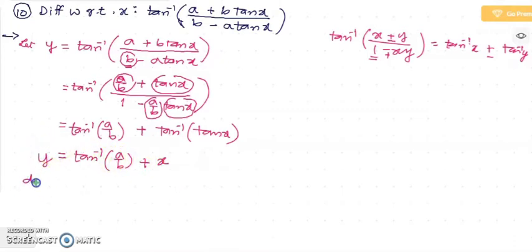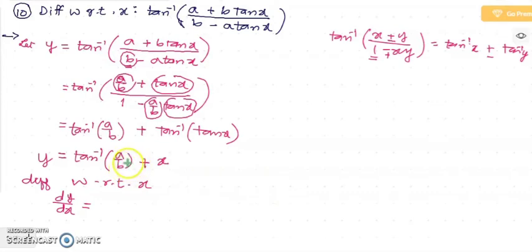Now we can differentiate with respect to x so that we get dy by dx is equal to d by dx of tan inverse a upon b. Normally students make the mistake of using the tan inverse x formula, 1 upon 1 plus a upon b whole square into d by dx of a upon b.